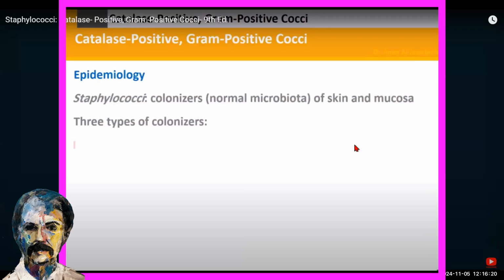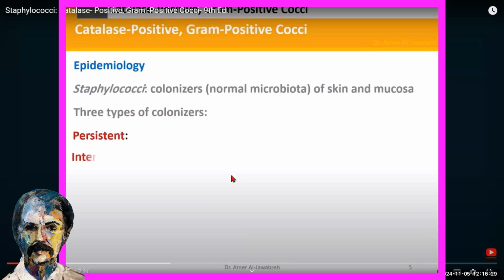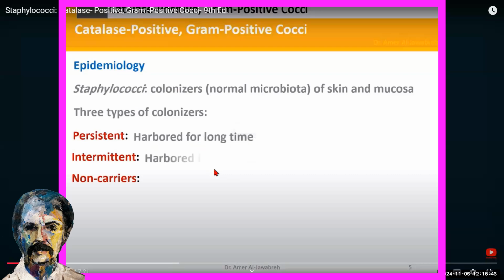They have the Staphylococcus aureus colonized on their skin. And we have 3 types of colonizers: either persistent, intermittent, and non-carriers. Persistent, all the time the staph is on their skin. These are people who have the staph on their skin forever, every time, permanently. And they harbor it for a long period of time.